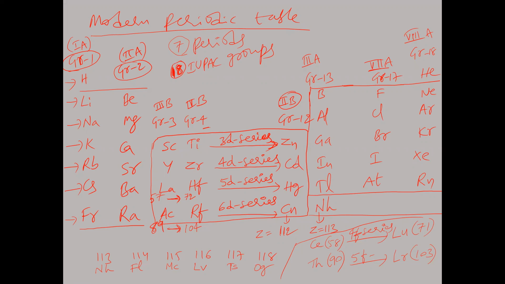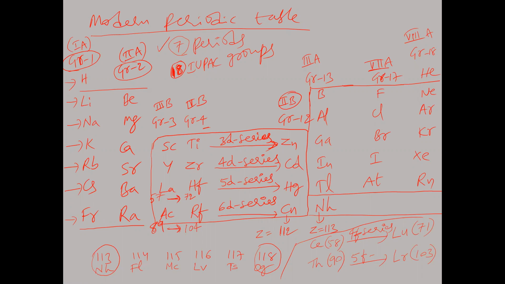But actually, according to the modern concept, after discovery of the elements from nihonium to oganesson, the 7th period is also a complete period. It is completely filled now. In the beginning, when your textbook was printed, all elements of the 7th period were not discovered.